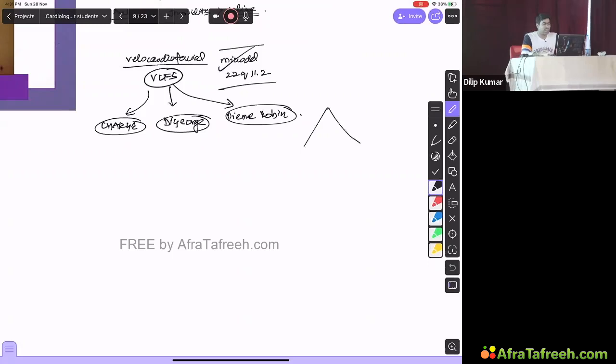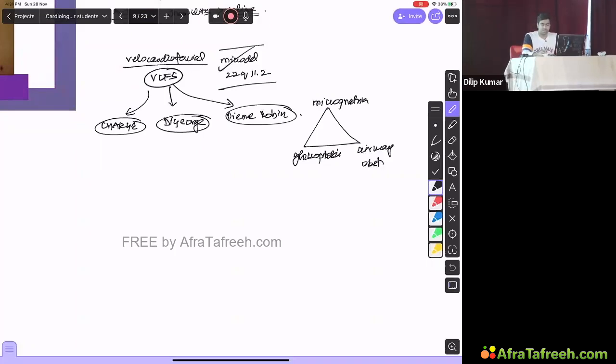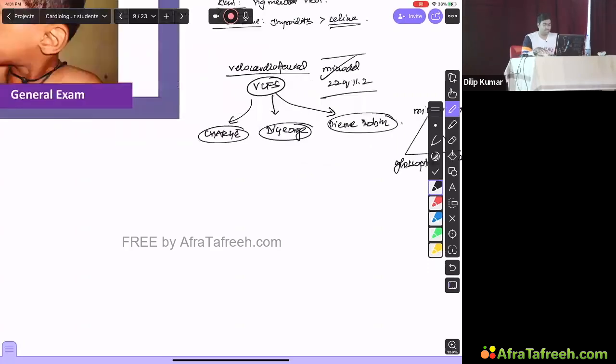It's a kind of triad where the patient will have micrognathia, that is a very small mandible, and glossoptosis, that is the tongue falling backward into the pharynx, causing airway obstruction. This is the typical triad of Pierre Robin sequence.